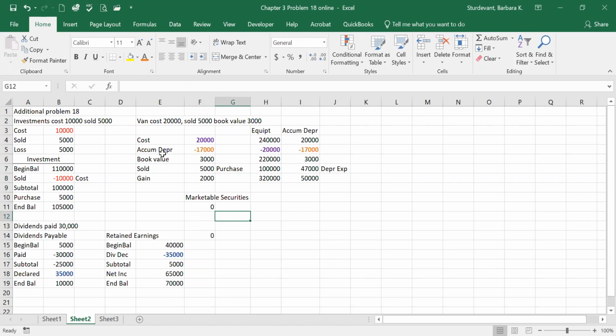The other thing that we have with marketable securities is we bought some, we sold some. So let's look at what we sold. All right. So it tells us that we bought some during the year. And the ones that we purchased cost us $5,000.